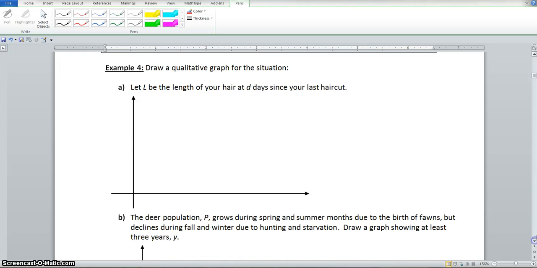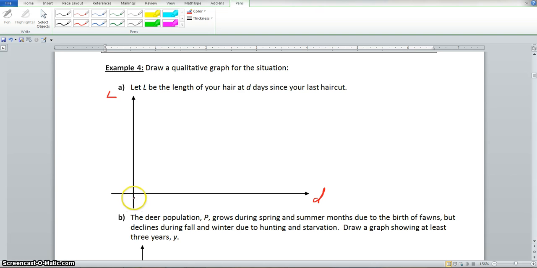Now we come here to example 4. It says draw a qualitative graph for the situation. Let L be the length of your hair at D days since your last haircut. Okay, now we will have our length, which is dependent, so it'll be on the y-axis, and then we'll have our days, which is our D, which is the independent, which will be on the x-axis.